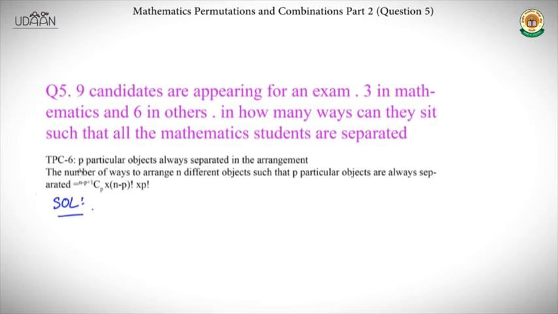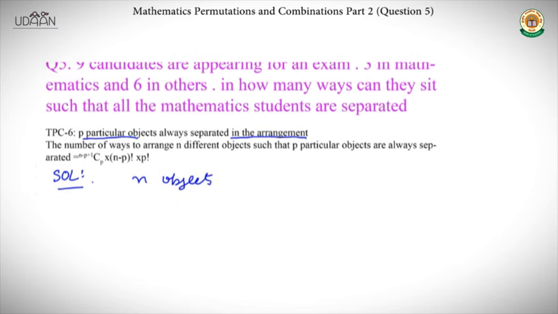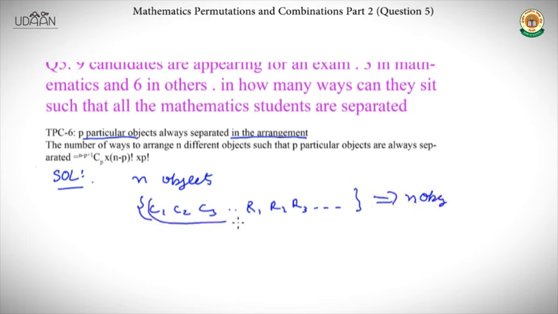TPC 6 says that p particular objects are always separated in the arrangement of n objects. So let's say we have n objects. Let these n objects be C1, C2, C3 and R1, R2, R3, of which these C are always to be kept separate.